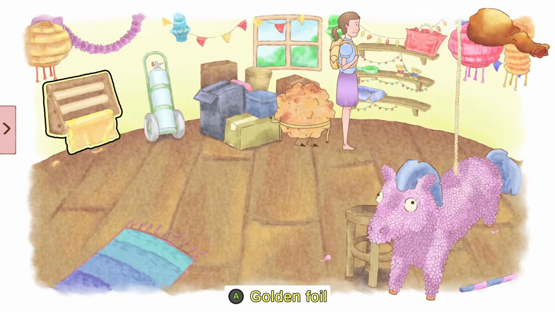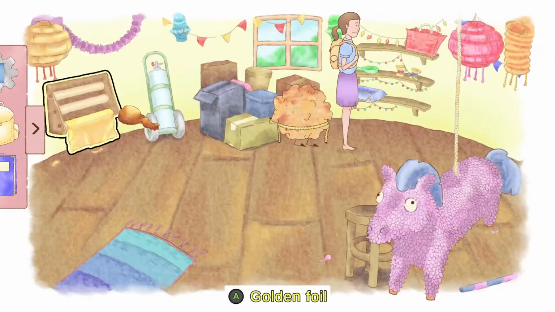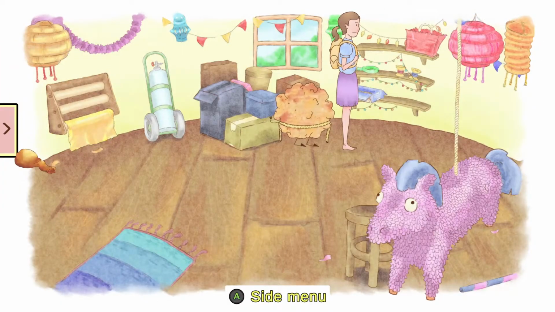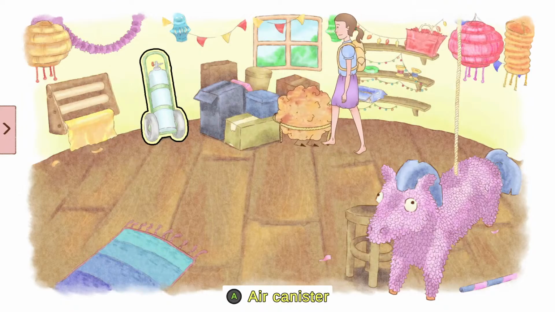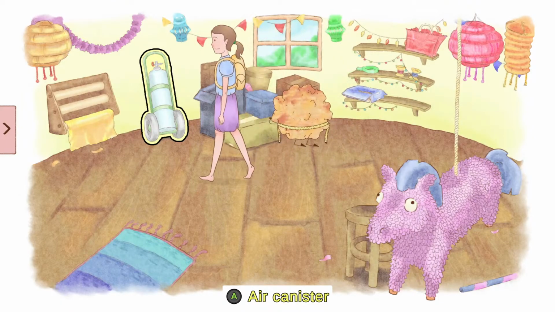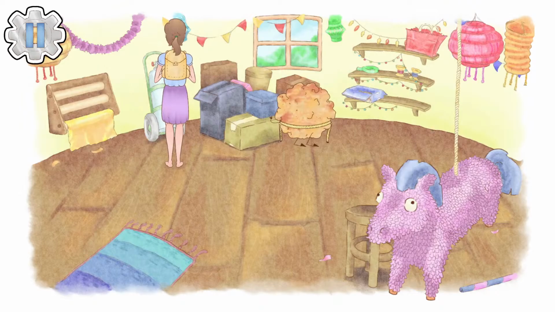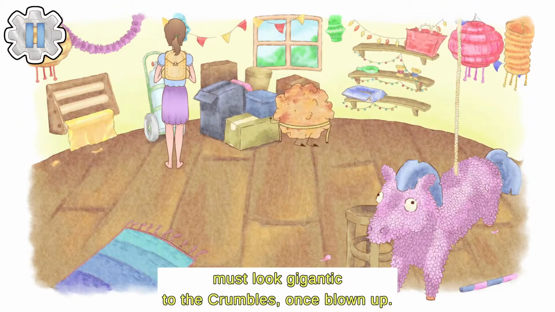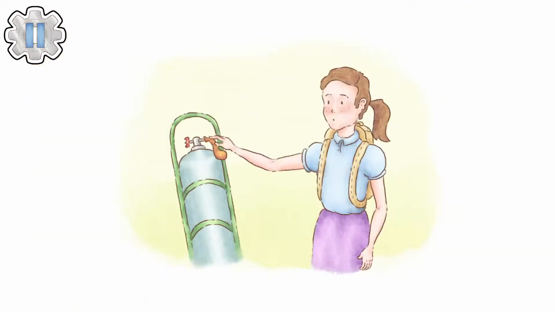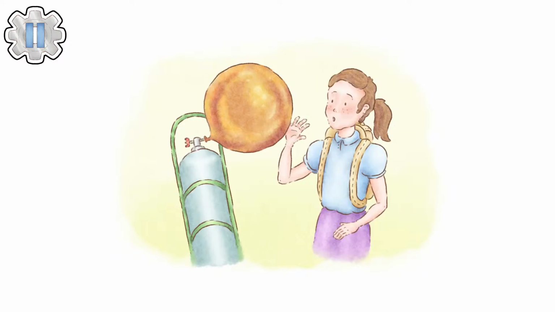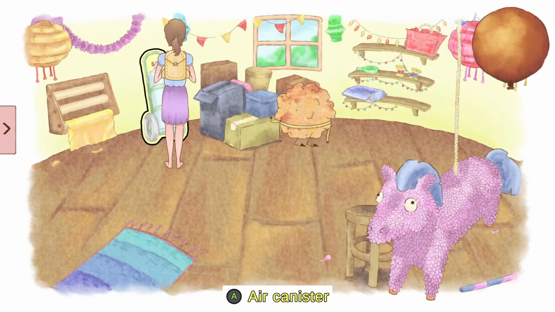Deflated. Added to backpack. Golden air canister. These balloons must look gigantic to the Crumbles once blown up. Chocolate brown balloon. Full. Added to backpack.